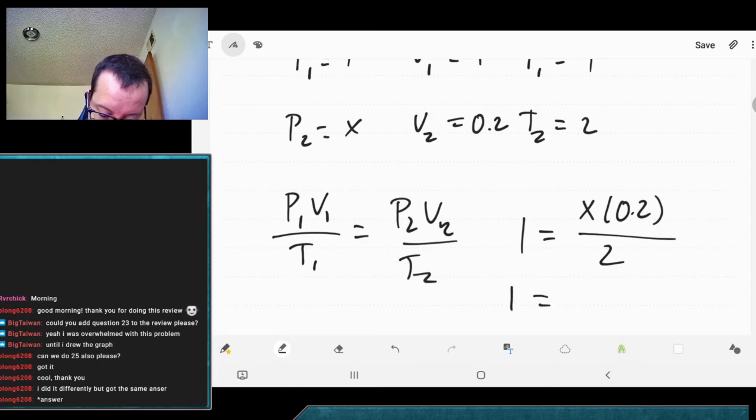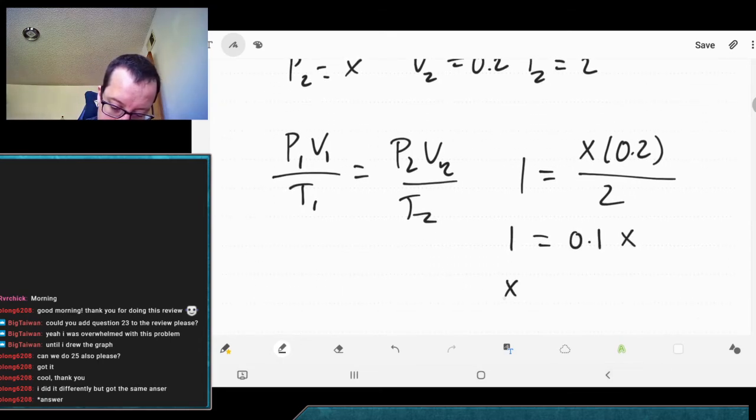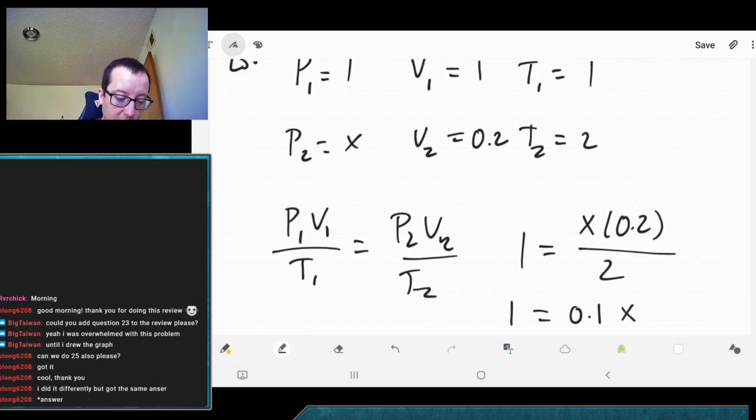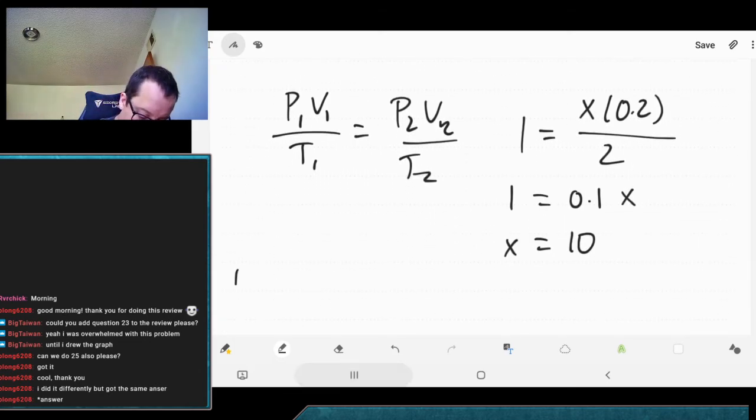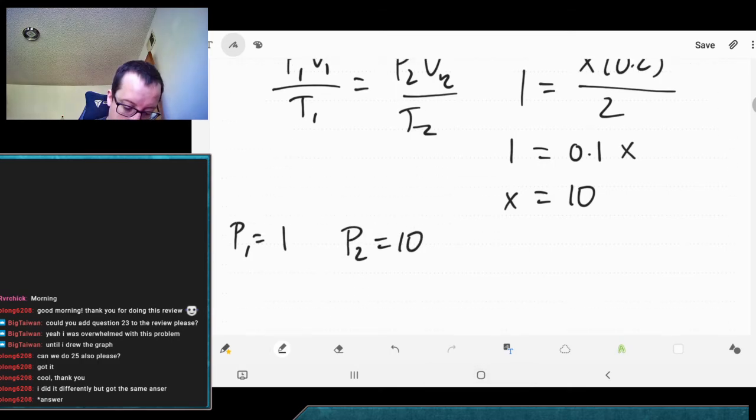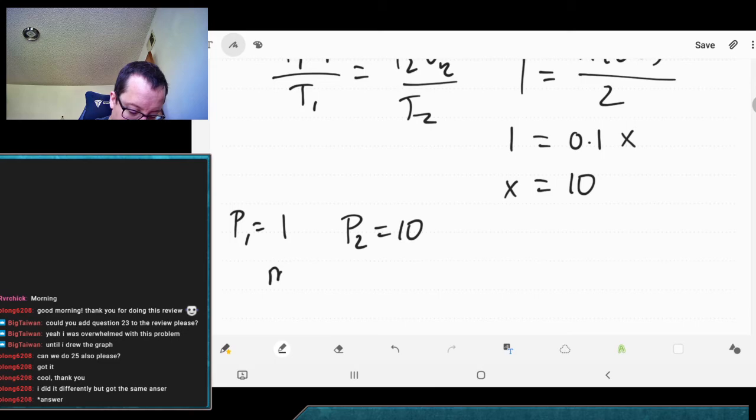So 1 equals 0.1x. X equals 10. So this tells us we are going to increase it by a factor of 10, right? So if our original pressure is 1, our final pressure is 10, we have multiplied it, or here, increased tenfold.